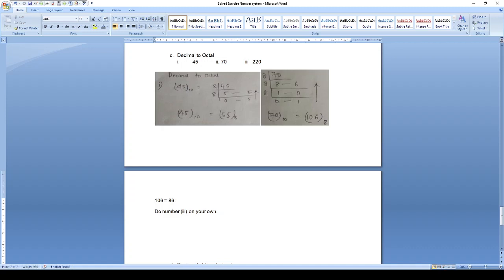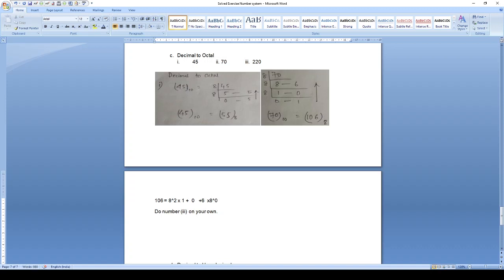So 8 to the power 2 into 1, plus 0, plus 6 into 8 to the power 0.